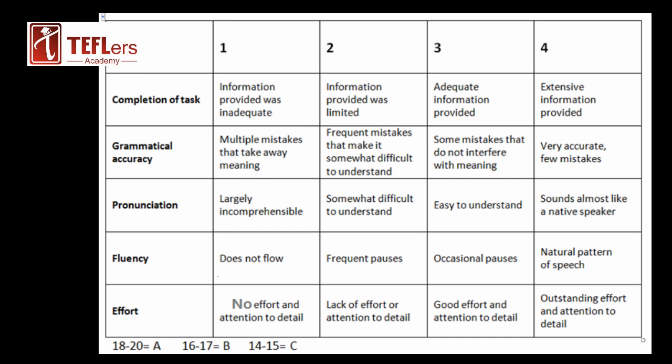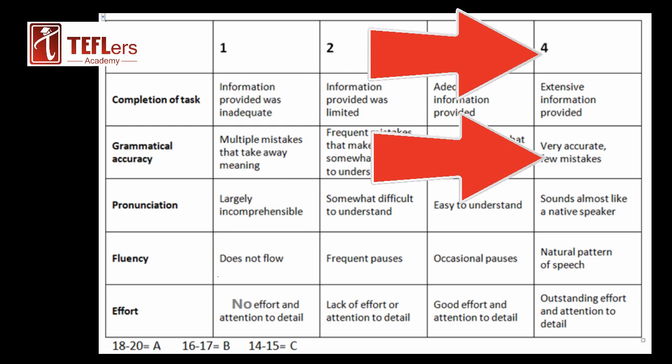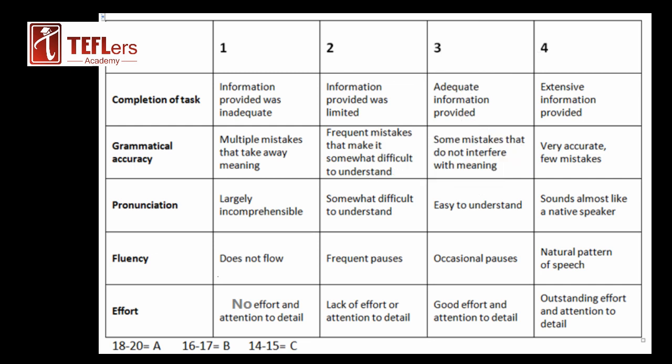Let's say that this student, when he was doing his speaking activity, he did not make any mistakes. So what's the score that we should give him for grammar accuracy, in your opinion? If you said 4, it means you understood how a rubric works. So here we should give him 4 points.